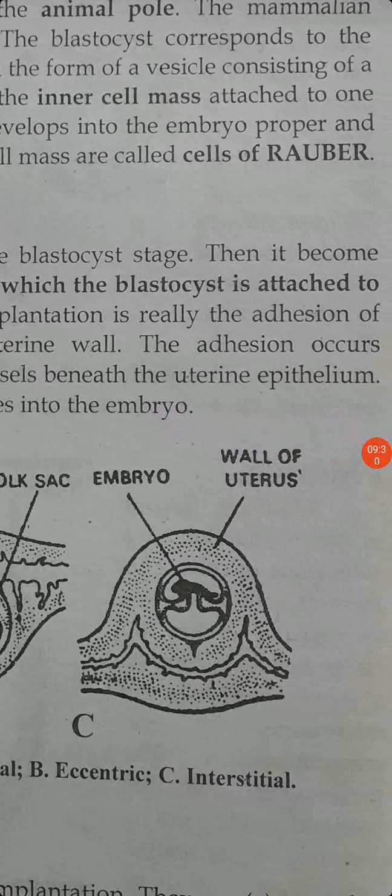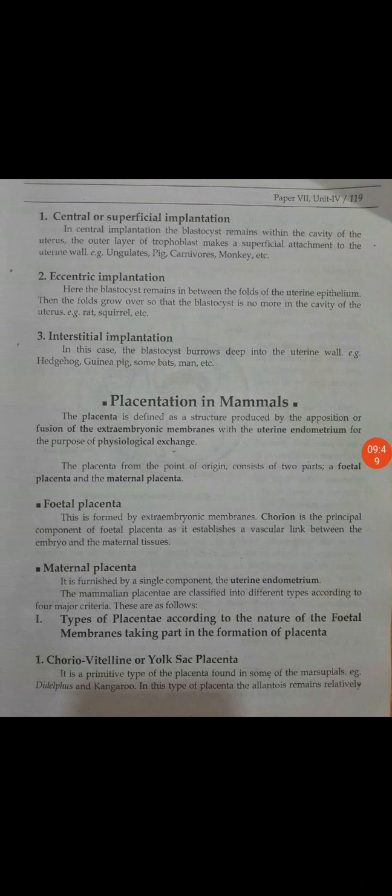And the third one is the interstitial. In this case, the blastocyst burrows deep into the uterine wall. So it goes inside the uterine wall. Examples are hedgehog, guinea pig, and some bats and man, etc. So these three types of implantation occur in the mammalian group.